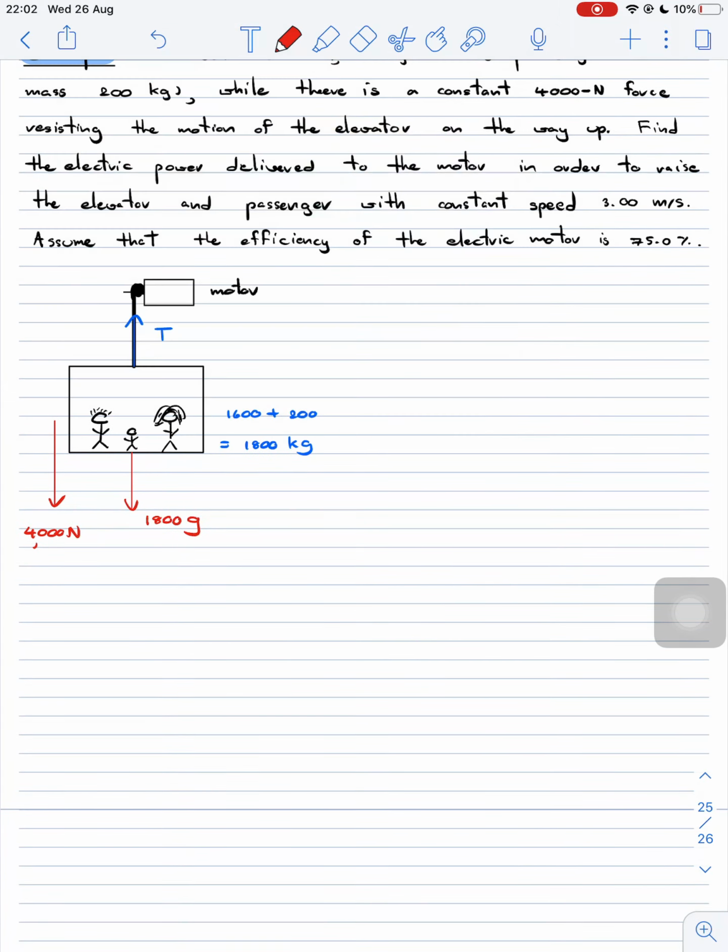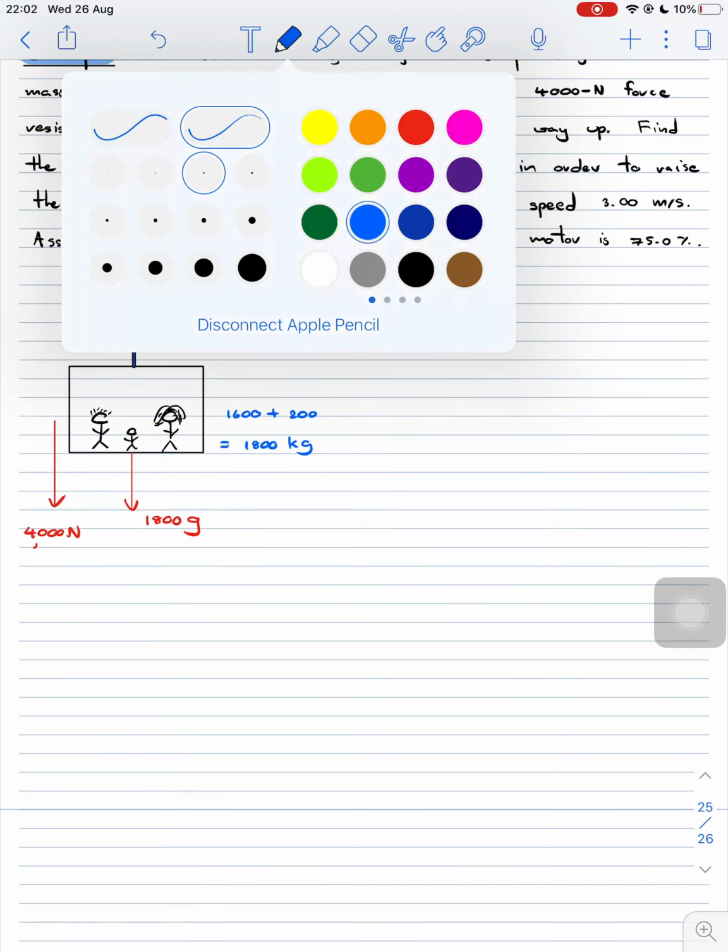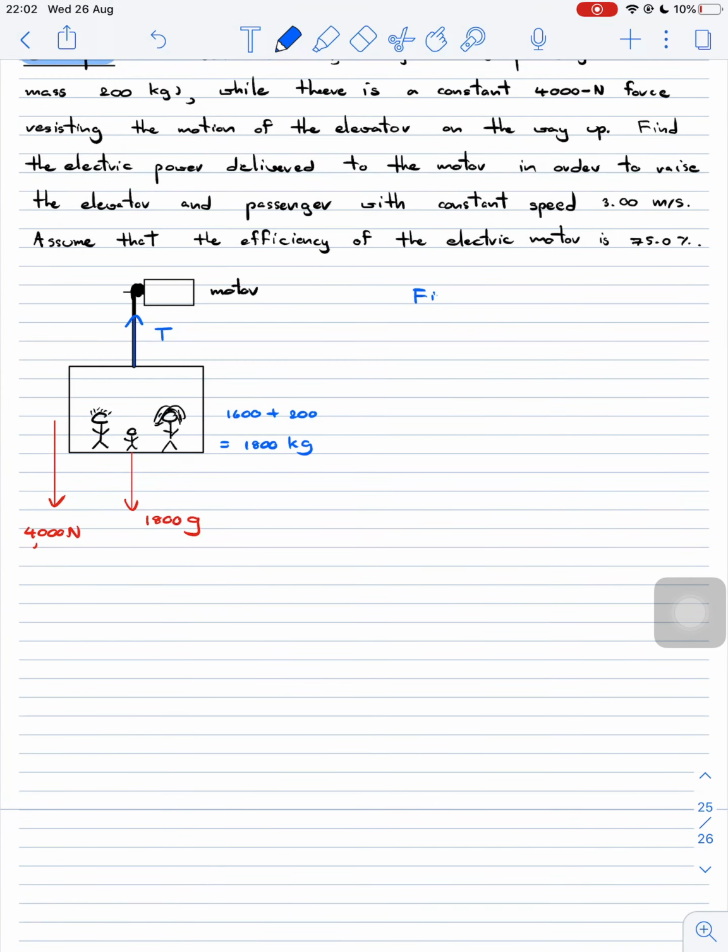Let's find the tension in the cable. Because the elevator is moving up with constant velocity, it means that the net force must be equal to 0, right?